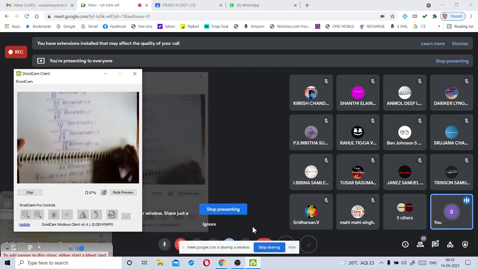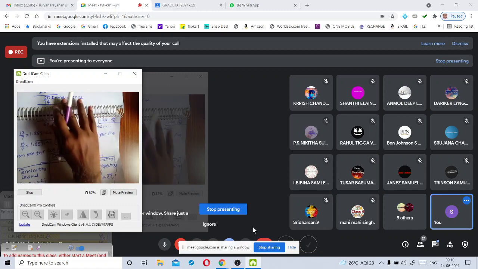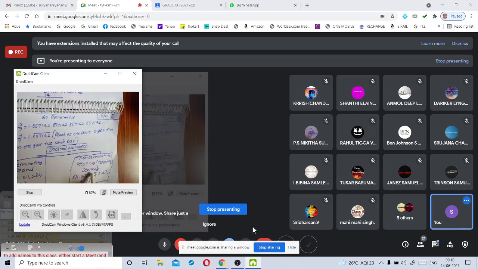Especially these are called pure recurring decimal. After decimal point, every digit after decimal point were written under bar symbol. This is also called pure recurring decimal.